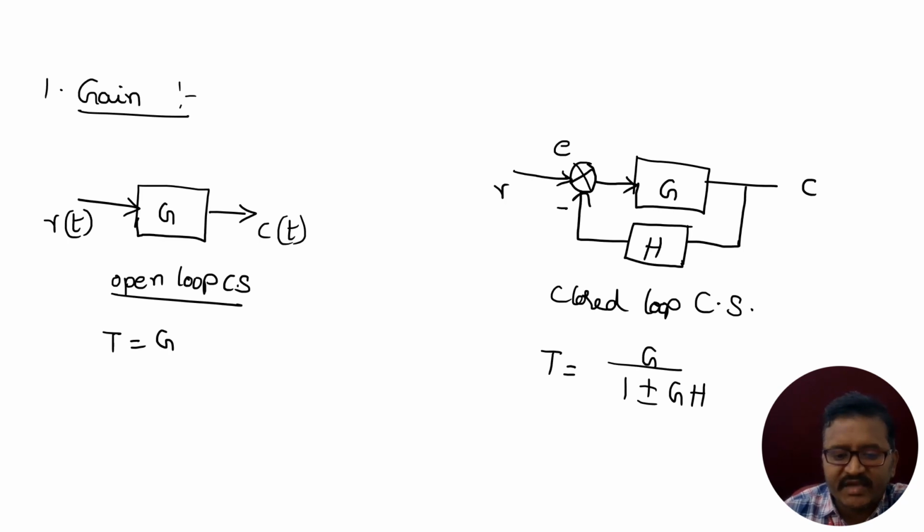There is a variation in gain with respect to the open loop gain, due to the feedback connection. So with feedback the gain will vary. This is the effect of feedback on the parameter gain.